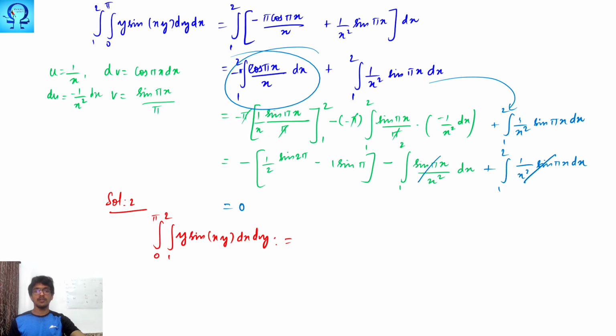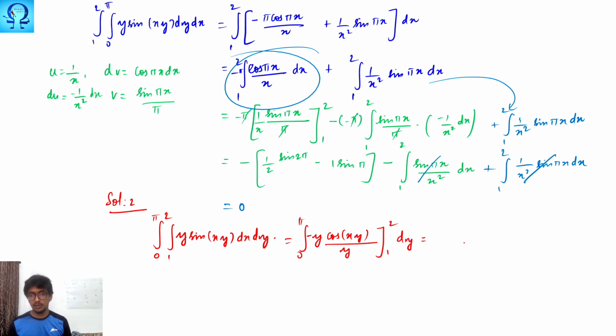If you go this way, first we'll have to treat only x as a variable and y as a constant, so it has nothing to do with this y. So that will give you integral 0 to pi, y is there as it is, and when you integrate sine, you are going to get minus cos xy upon y, right? Over 1 to 2 and then dy.